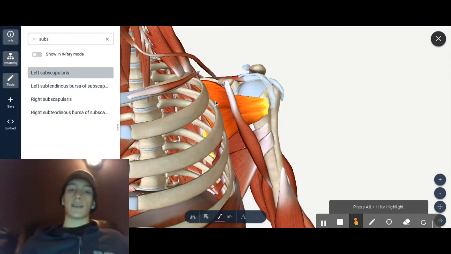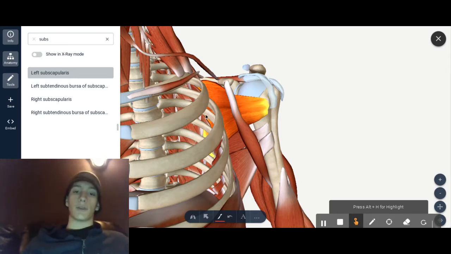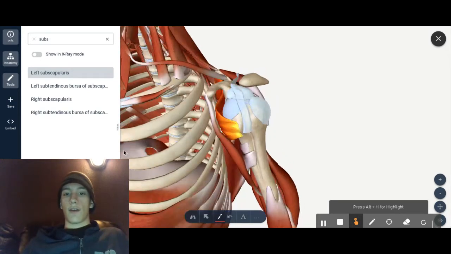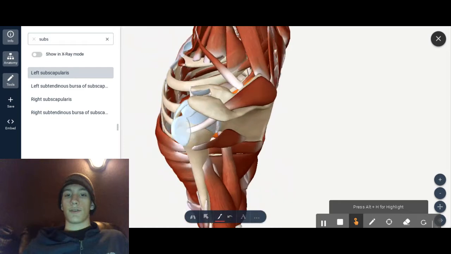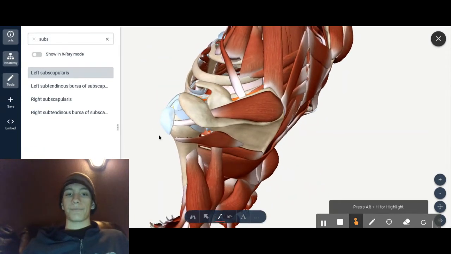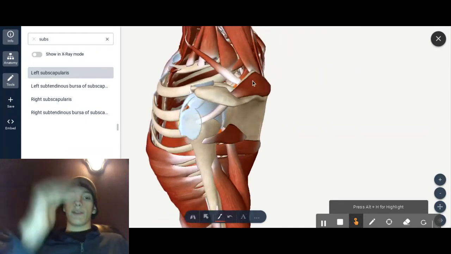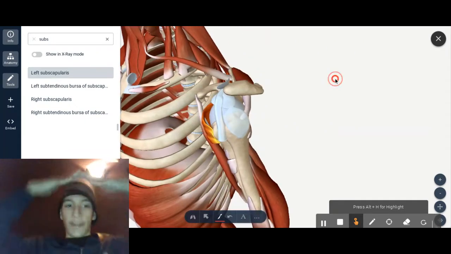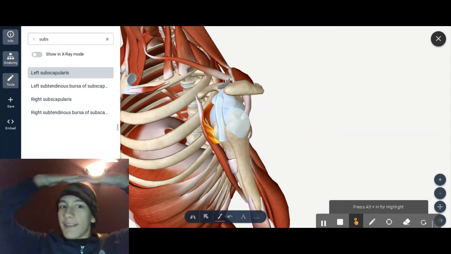Anyway, it attaches to the part of your scapula closer to your ribs, so it goes basically around your back, through all these other muscles I just cut away, and right here. That's your subscapularis. Remember, it's under your scapula, which is why it's your subscapularis, because it's underneath, like the subway.